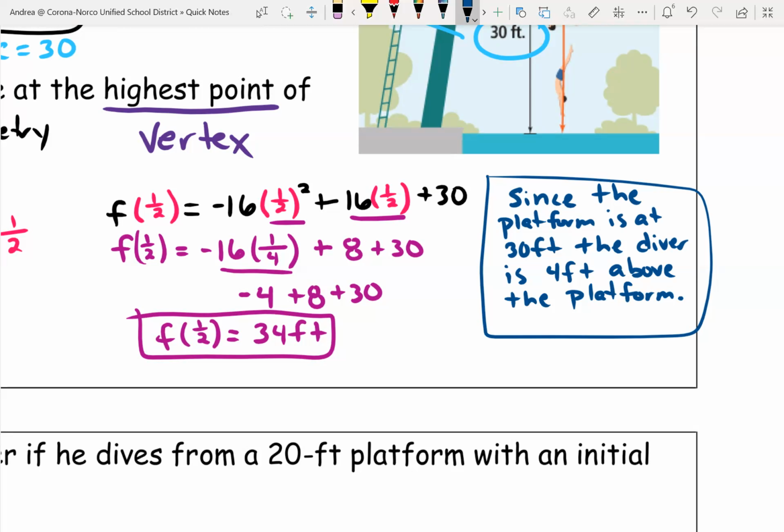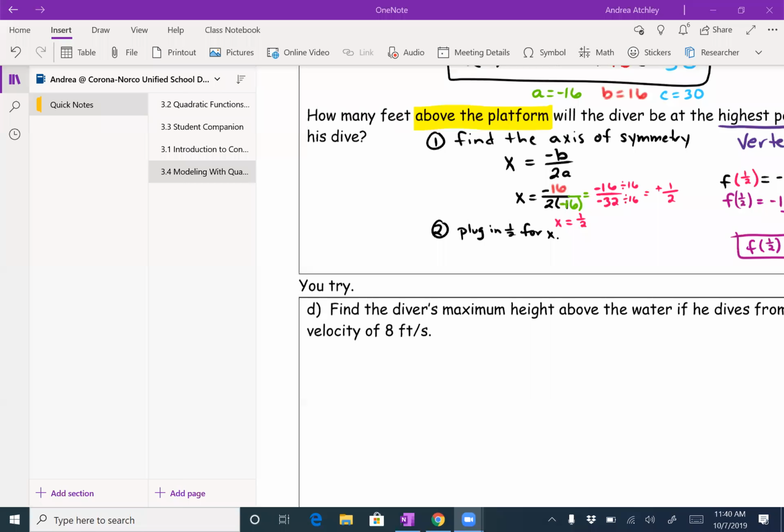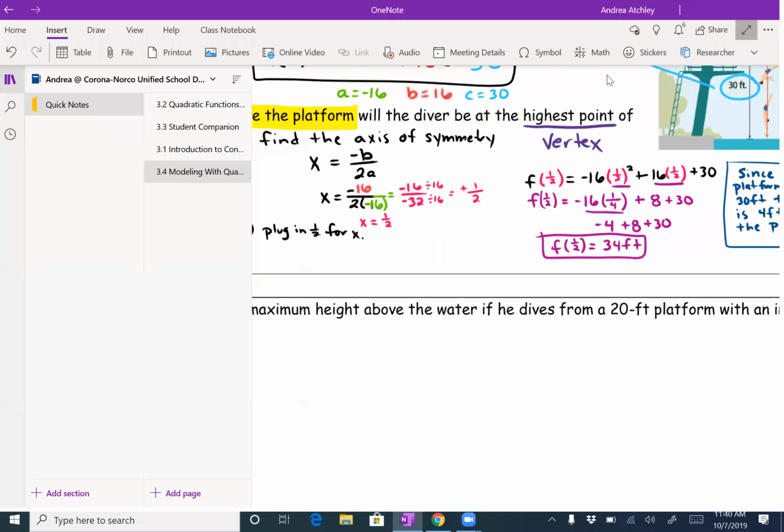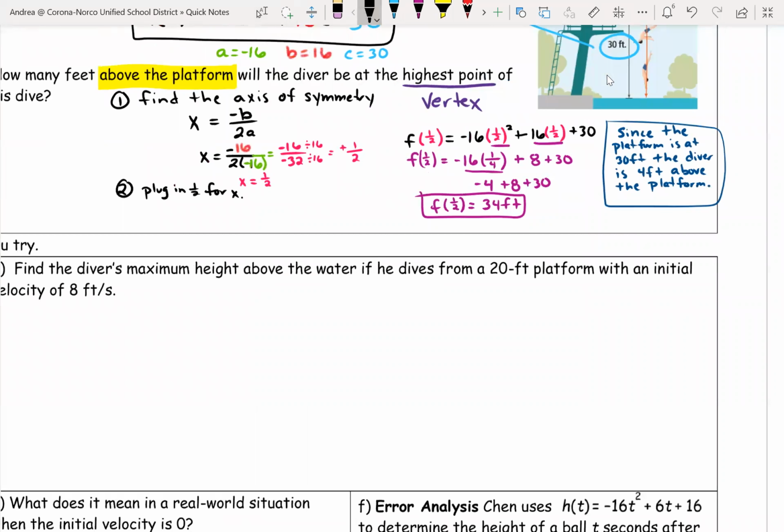Any questions over that? Okay, the next one. My equation, h of t equals negative 16t squared plus 8t plus 20. Is that correct? Yes. Okay. Most of us got our axis of symmetry as 1/4. Correct?